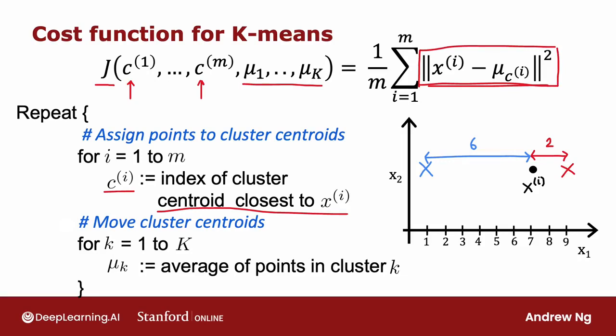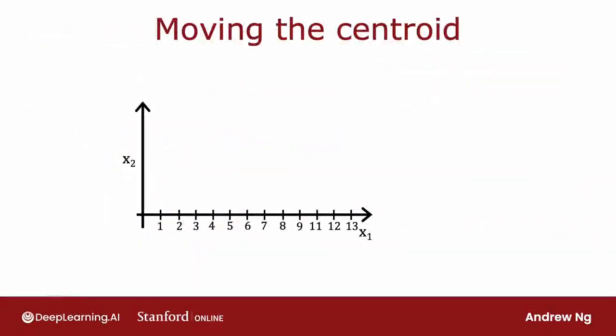How about the second step of the k-means algorithm? That is to move the cluster centroids. It turns out that choosing mu k to be the average, or the mean of the points assigned, is the choice of these terms mu that will minimize this expression. To take a simplified example, say you have a cluster with just 2 points assigned to it, shown as follows.